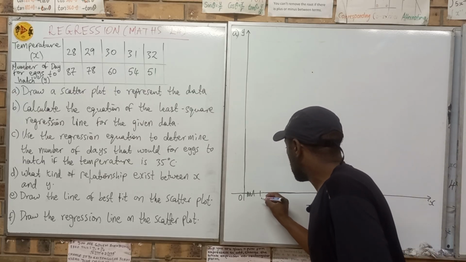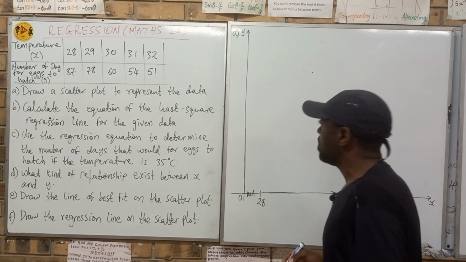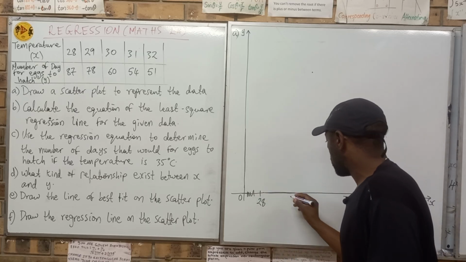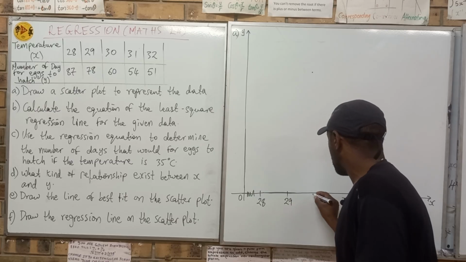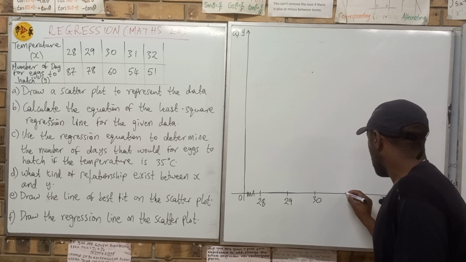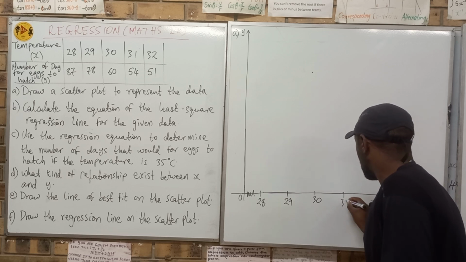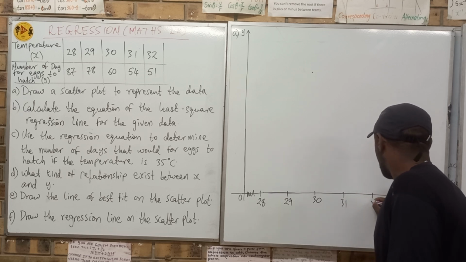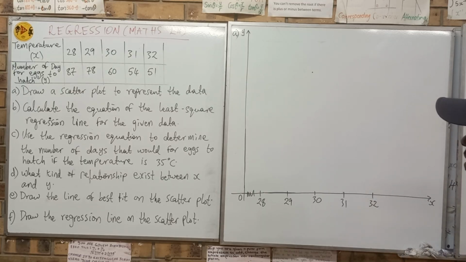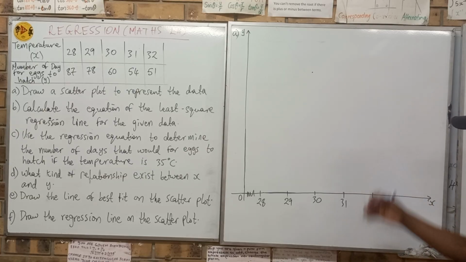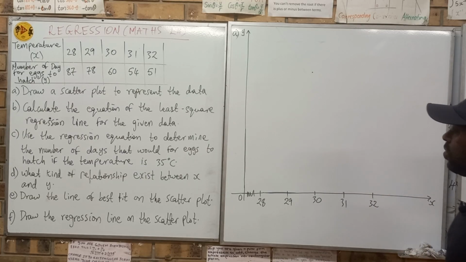Then I start my scale from 28. It's just a difference of 1 each, so the x values are so easy. So I get 28, 29, I get my 30, 31, and 32. I hope I managed to make sure that the space between my numbers is approximately the same. On a graph page, that will be done for you and it will be easy for you to see that.